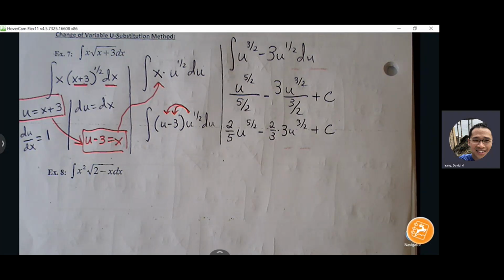Okay, we can do some cleanup, make that second fraction reduce, but we're still doing U substitution, and we have to understand that U is just a what?